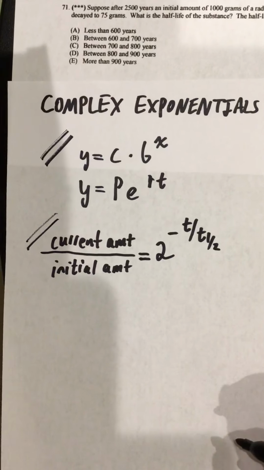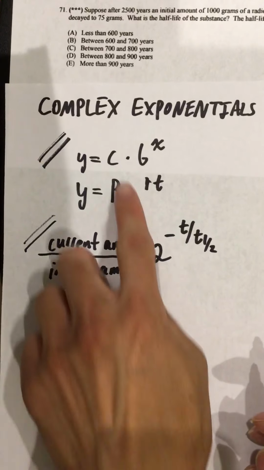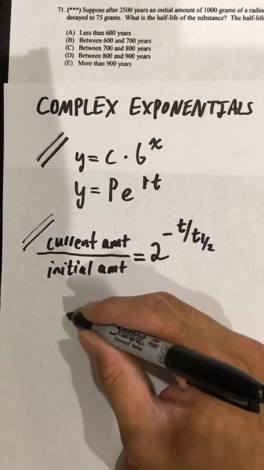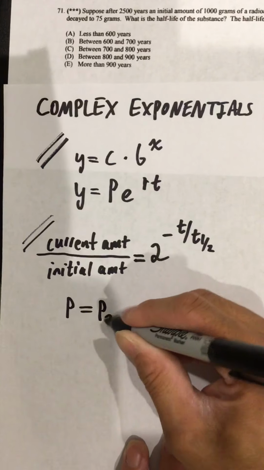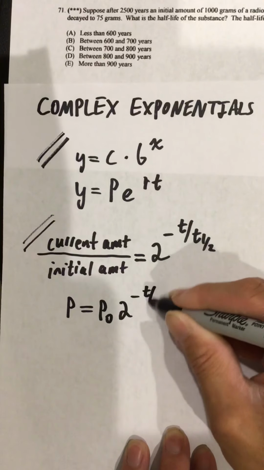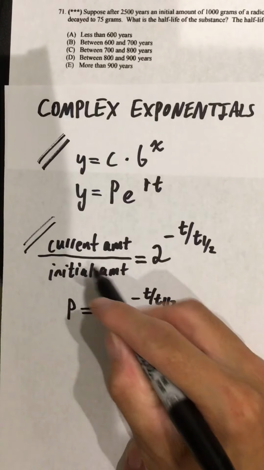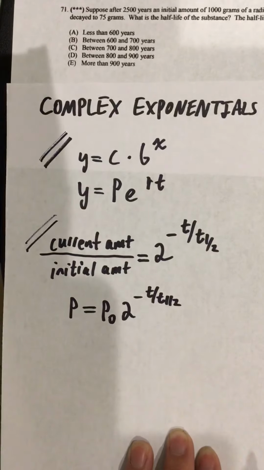And you might be wondering, this doesn't really look that far off from this equation, and you could definitely argue that this is kind of a deviation of p equals p naught 2 to negative t divided by t sub 1/2. And there is a reason why I wanted to write it specifically like this, and we'll see it in just a little bit when we do the half-life problems.